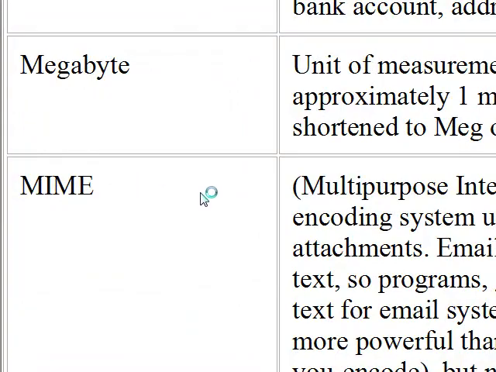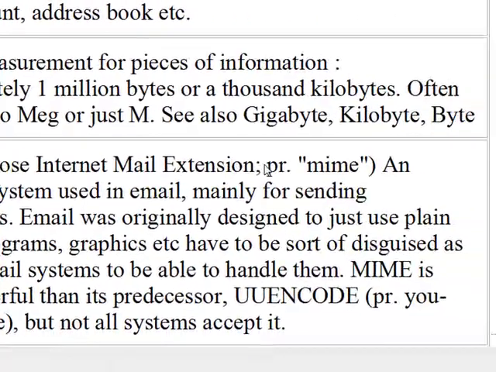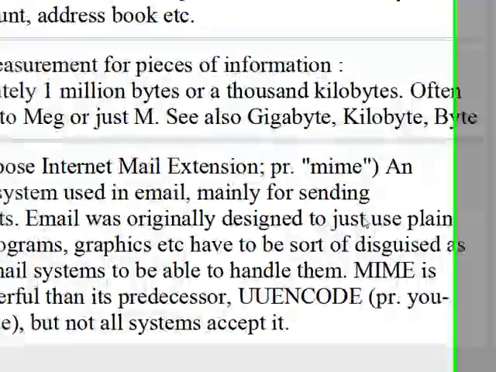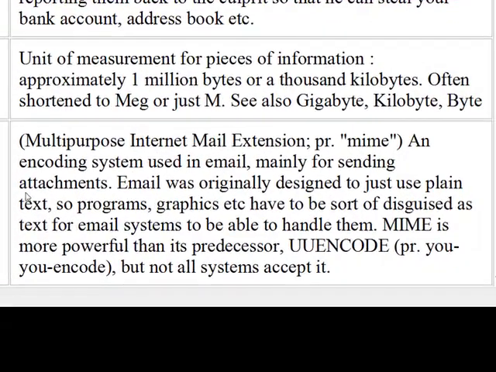MIME, M-I-M-E, standing for Multipurpose Internet Mail Extension. It is an internet standard. Email was originally designed to use just plain text in the ASCII format, the basic format for text in computers. But later people wanted to send photographs as attachments.